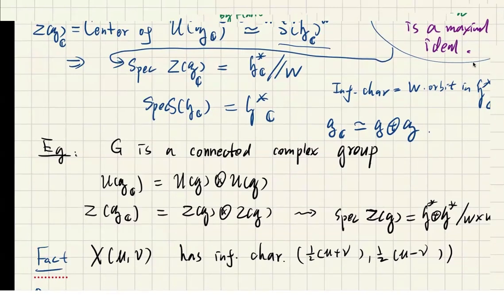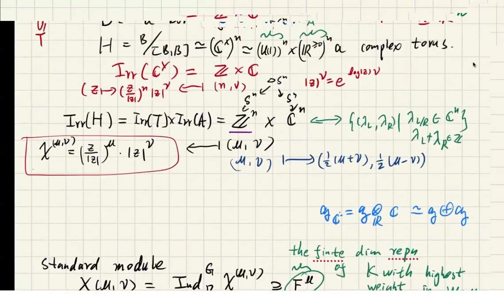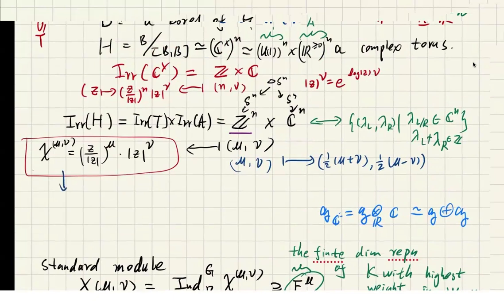parabolic induction preserves the infinitesimal character, in the sense that if you have chi mu nu, then, okay, I forgot to say that the infinitesimal character of this character chi mu nu is just half of mu plus nu, half of mu minus nu.